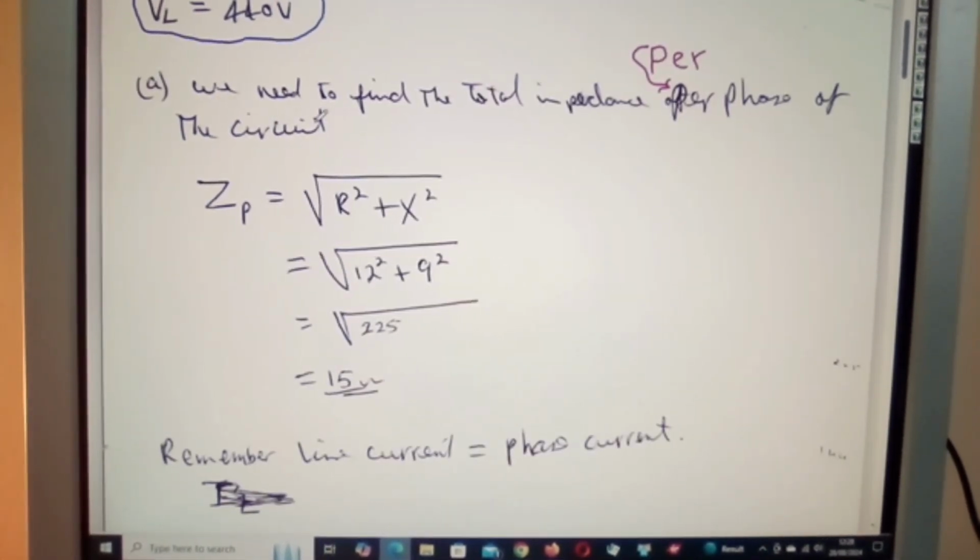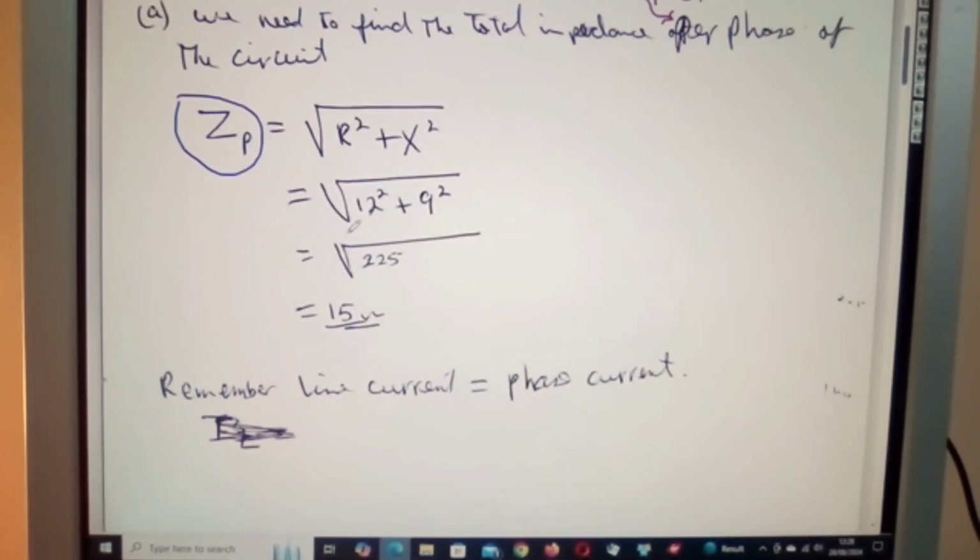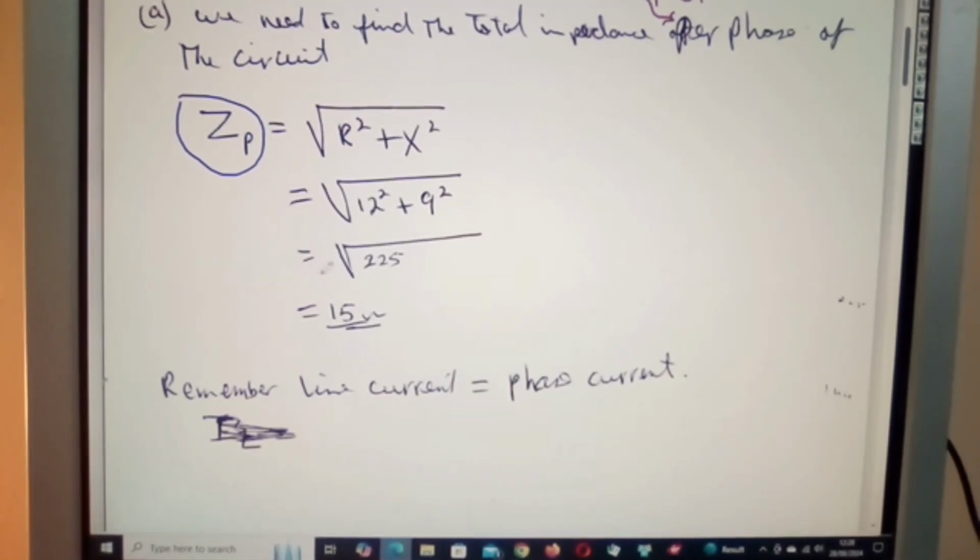Now we need to find the total impedance per phase of the circuit, and we do this by finding Z per phase. That gives us the square root of R squared plus X squared equals 12 squared plus 9 squared, which equals 225.